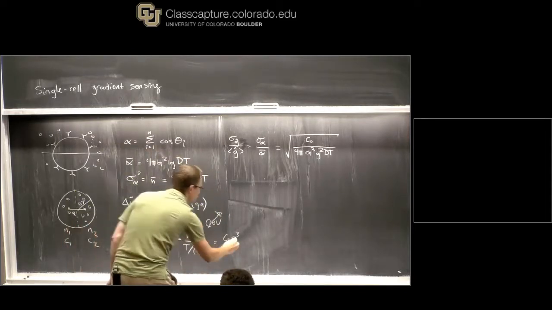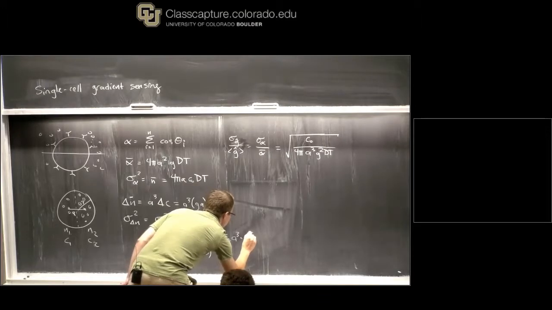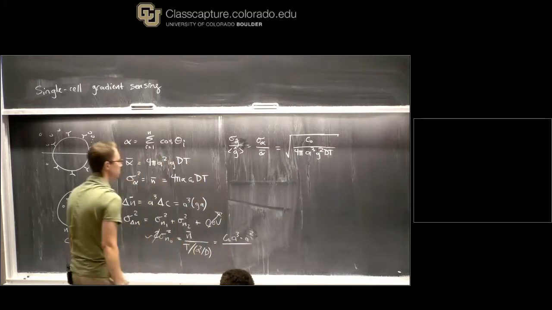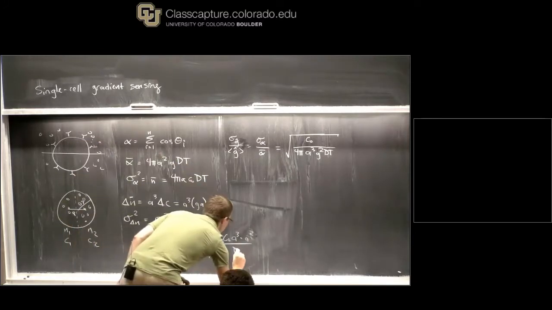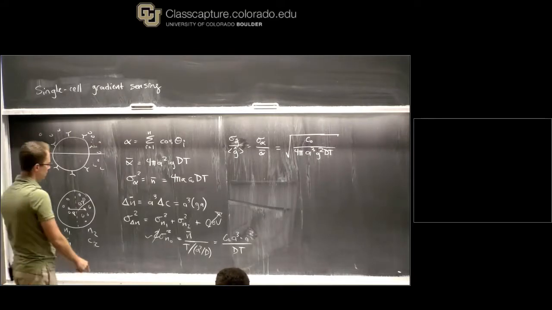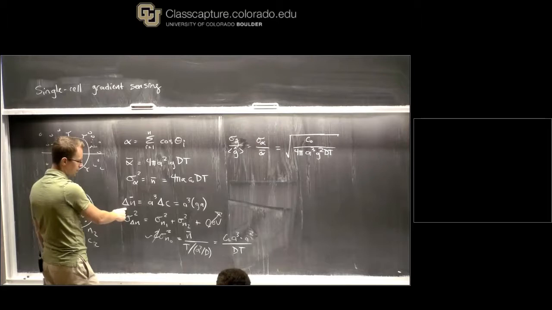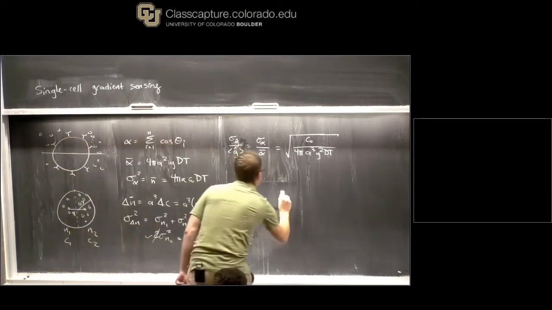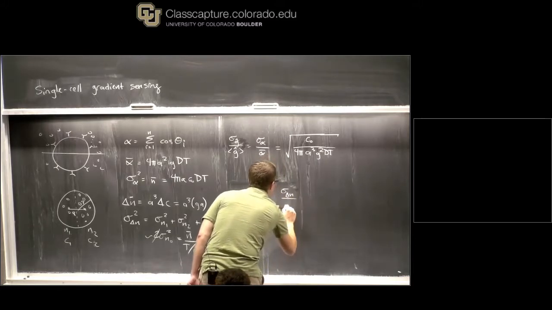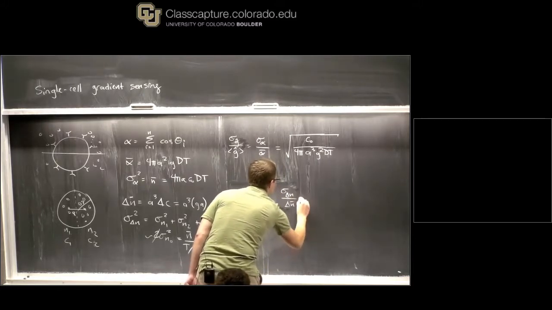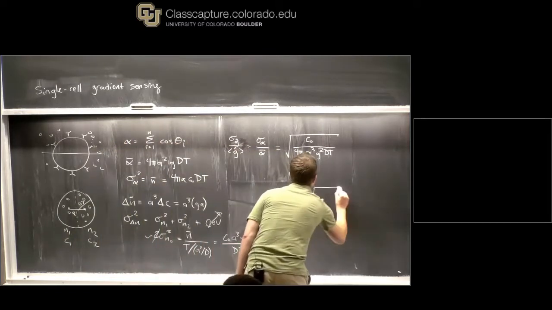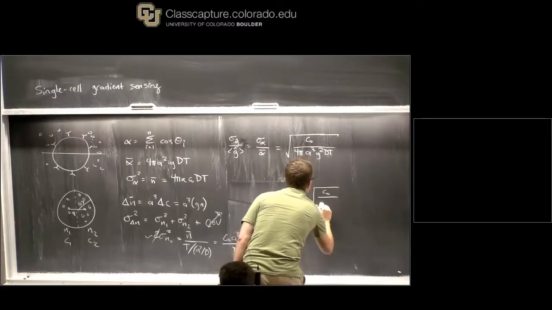One of the A squareds gets popped upstairs, so this becomes an A to the fifth, sorry. A cubed times A squared is A to the fifth. And we have a D T on the bottom. Okay, so we have the variance, and we have the mean, and we can therefore compute the relative error. And we get, if I haven't done anything wrong, the same kind of scaling.